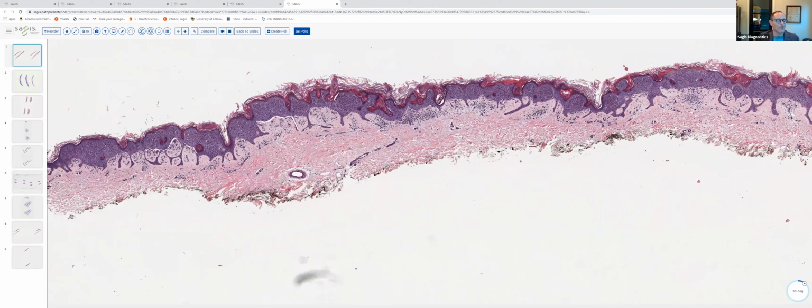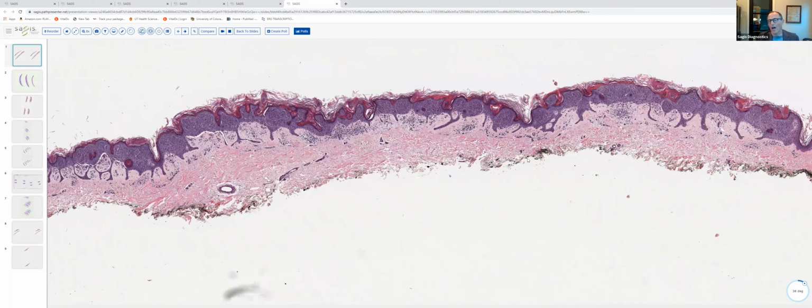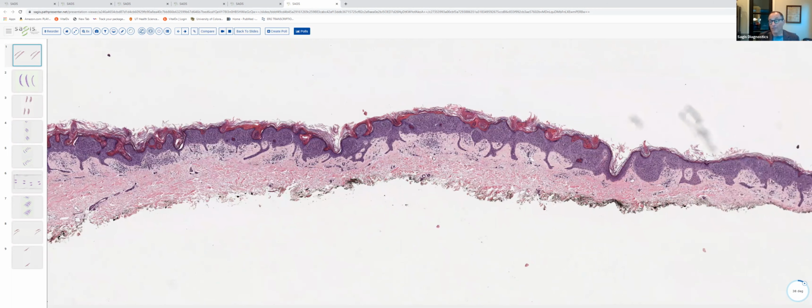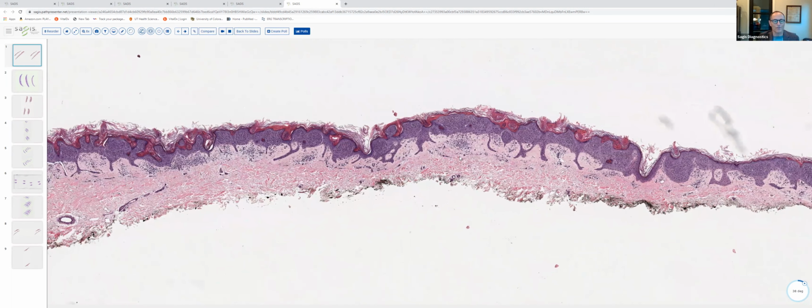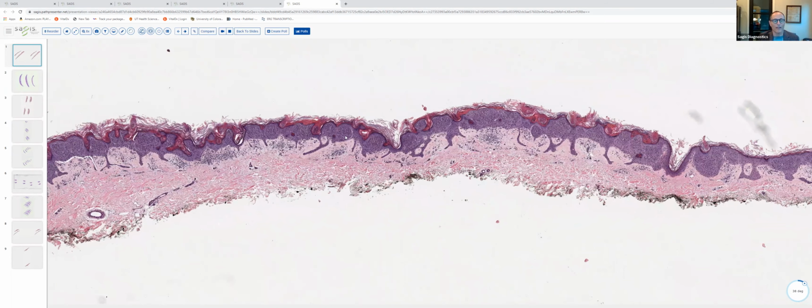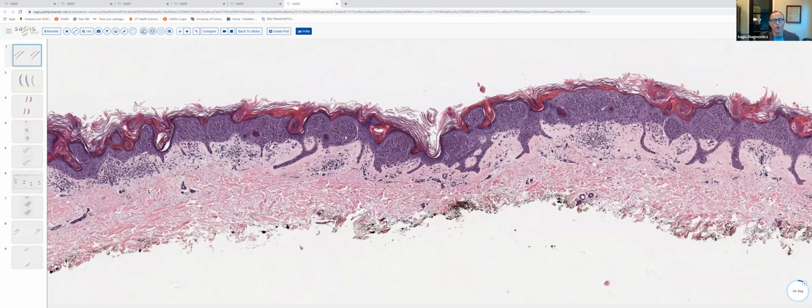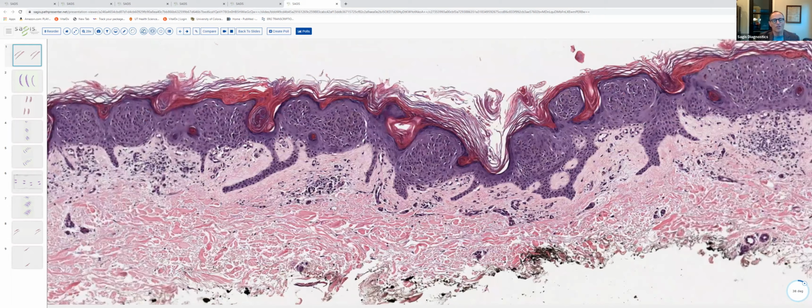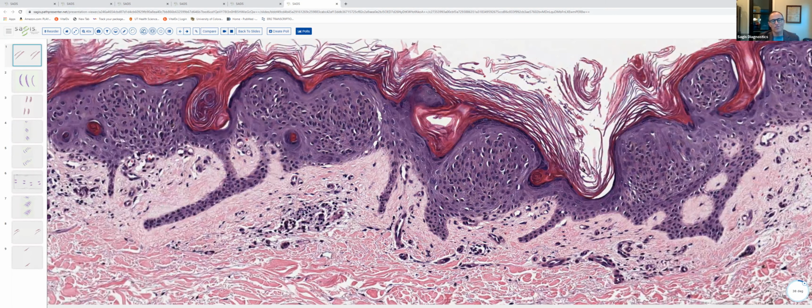The epidermis is gently papillated. This particular lesion does not have a lot of horn cysts, and a lot of times in a clonal seborrheic keratosis, they won't be as prominent a feature. In the epidermis, you can see clones or nests of keratinocytes.